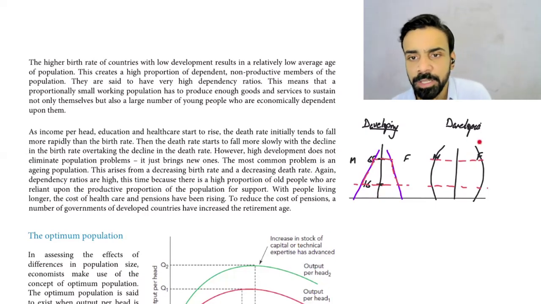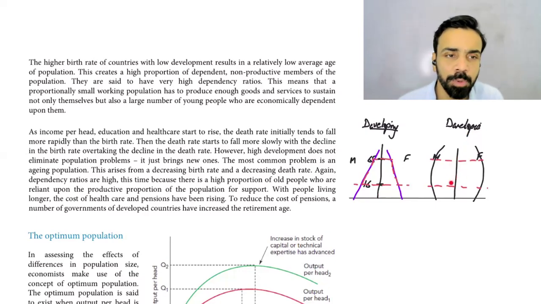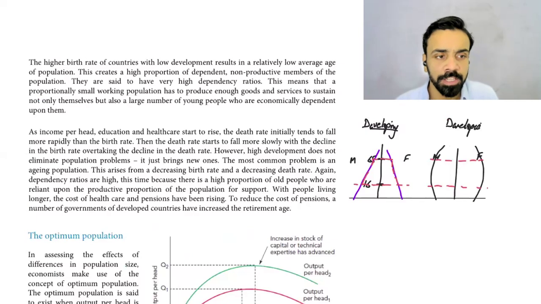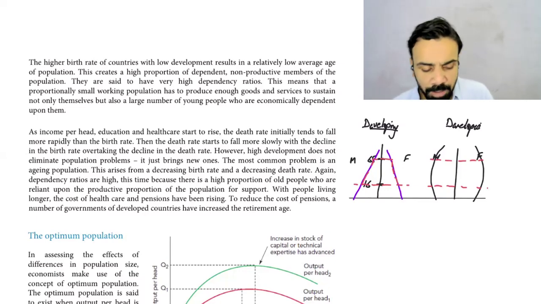But once the economy becomes developed, then you have a very large working age population, so you're not facing that sort of problem. Okay. So obviously, as income goes up, as written here, education and healthcare start to improve, the death rate becomes low, and the birth rate also falls.